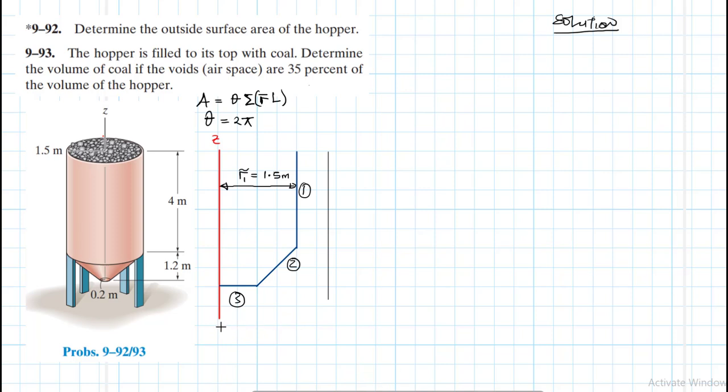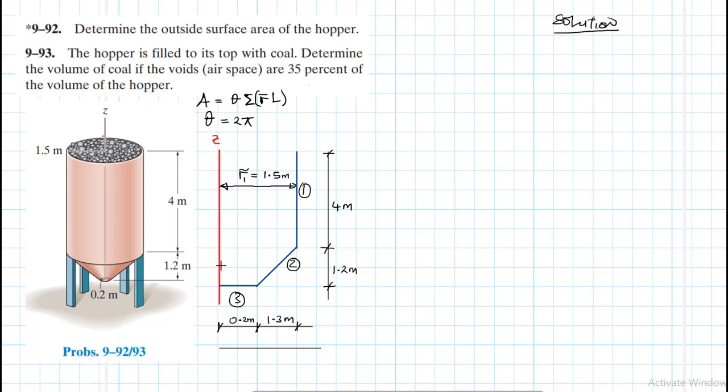So this part from there to there is 4 meters, and then up to there is 1.2 meters, and then from here, we start there, this is 0.2 meters, and since this is 1.5, the difference here will be 1.3. Great. So we have these dimensions, we need them.